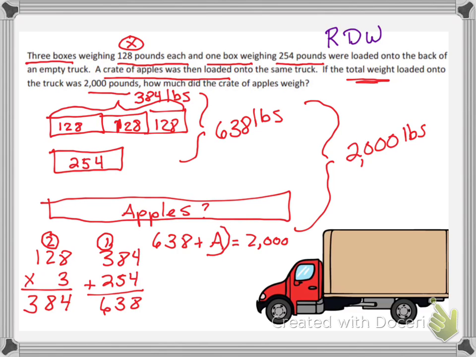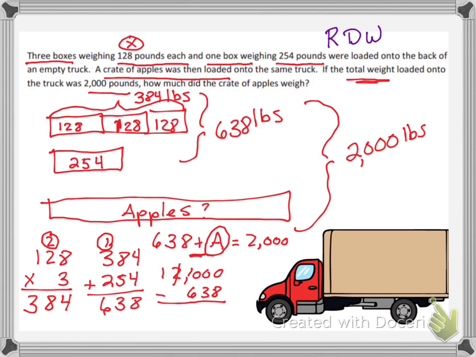How do we solve for A, the missing variable, that missing number? Well, this is saying to add, so we would do the inverse operation, and the inverse operation of addition is subtraction. So we would take 2,000 minus 638. So we're subtracting across zeros. So we need to go all the way to the thousands and take 1 away from him.